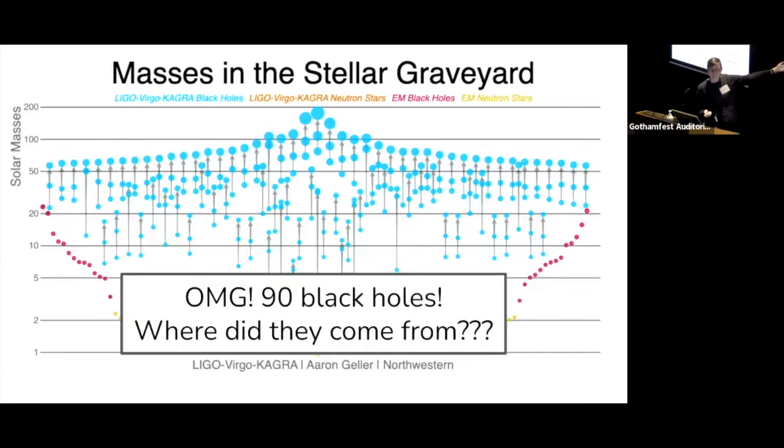Holy moly, that's incredible. This beautiful manta ray shape of blue are all of these merging pairs of black holes. Where do they come from? Nobody knows. Part of what I do and think about every day is trying to explain, at least partially, where some of these things come from.